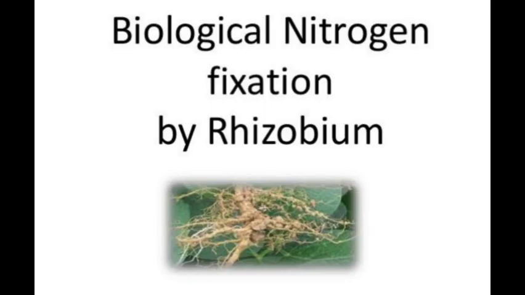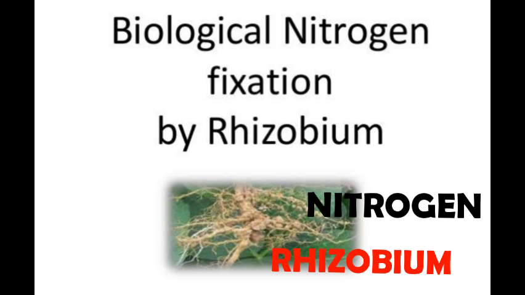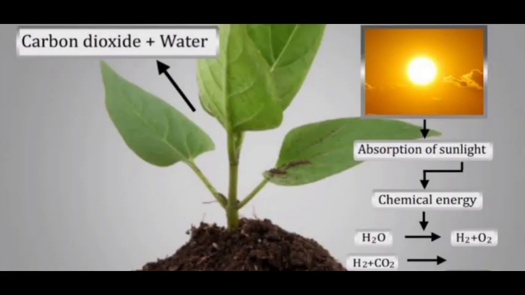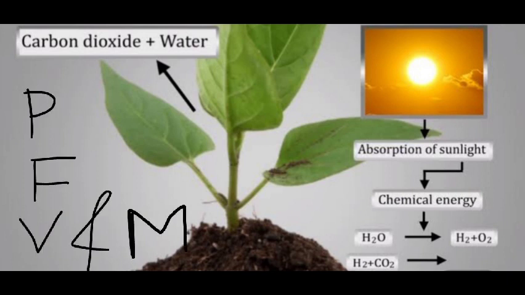There are some bacteria called rhizobium that help the plant to fix other components and provide nitrogen to the plant. In return, the plant provides shelter for that bacteria. And this is how the plant produces other components also, like protein, fats, vitamins and minerals.